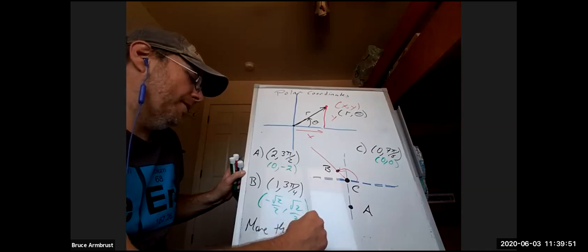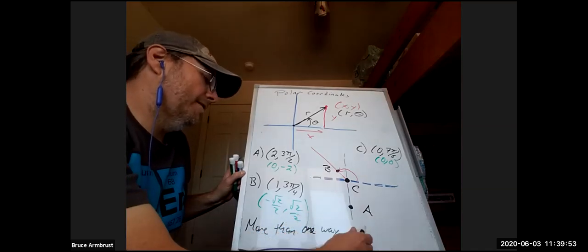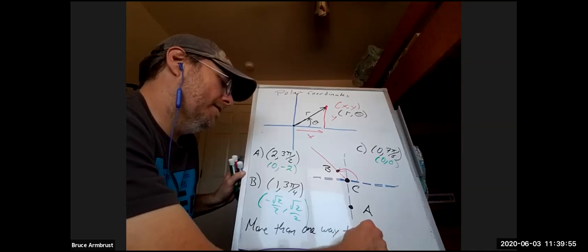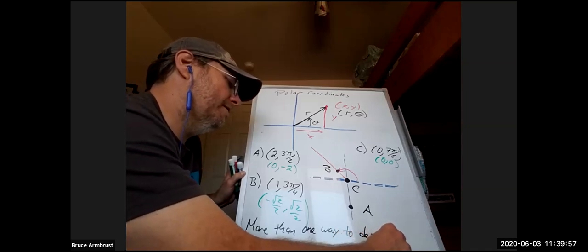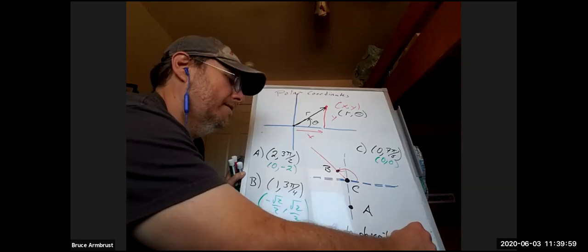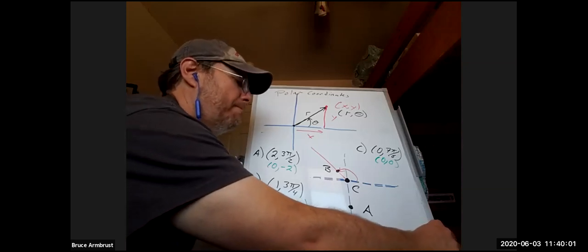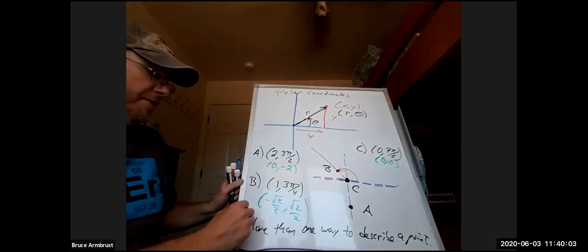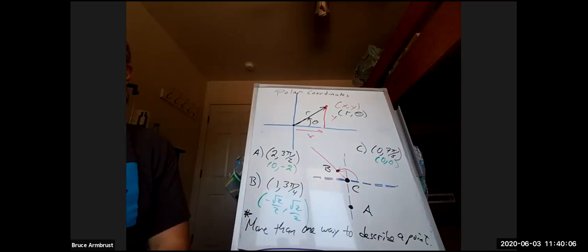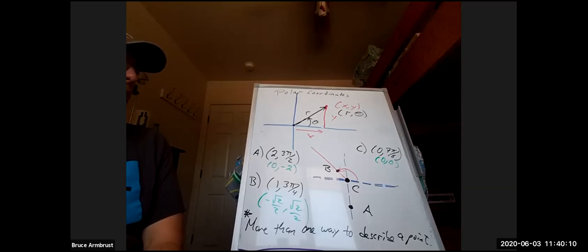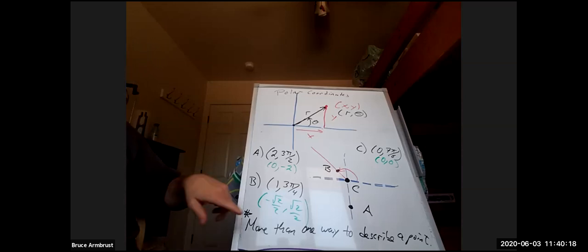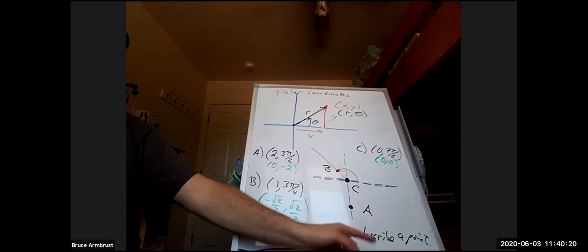So there's more than one way to describe a point. And this is new. In rectangular, there's only one way. There's only one way to tell me how to go left and right and up and down to get somewhere. But in polar, there's going to be more than one. And in fact, can you tell me another way of describing point A?